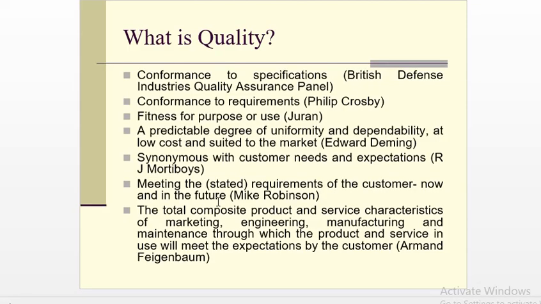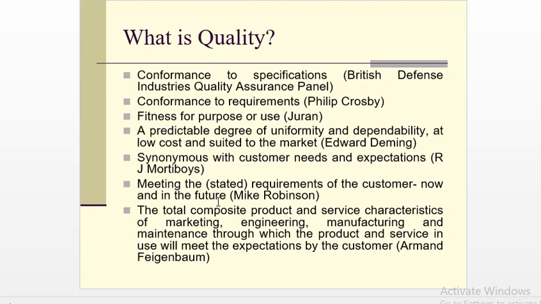So what is meant by quality? Conformance to specification, by the British Defence Industrial Quality Assurance Panel, and conformance to requirement, by Philip Crosby. These are the first two definitions, by the British Defence panel and Philip Crosby. Then fitness for purpose or use. Juran is a very famous scientist. Juran defines quality as fitness for purpose or use.